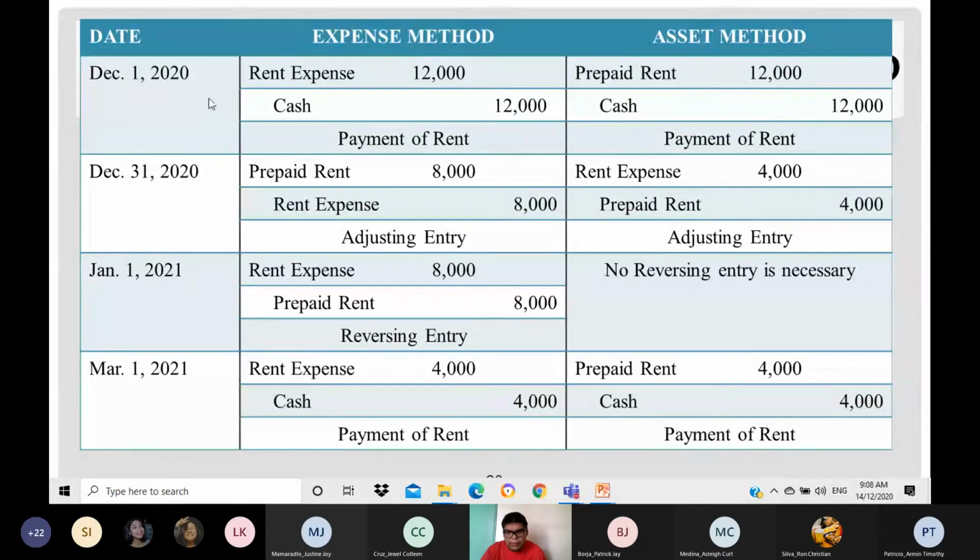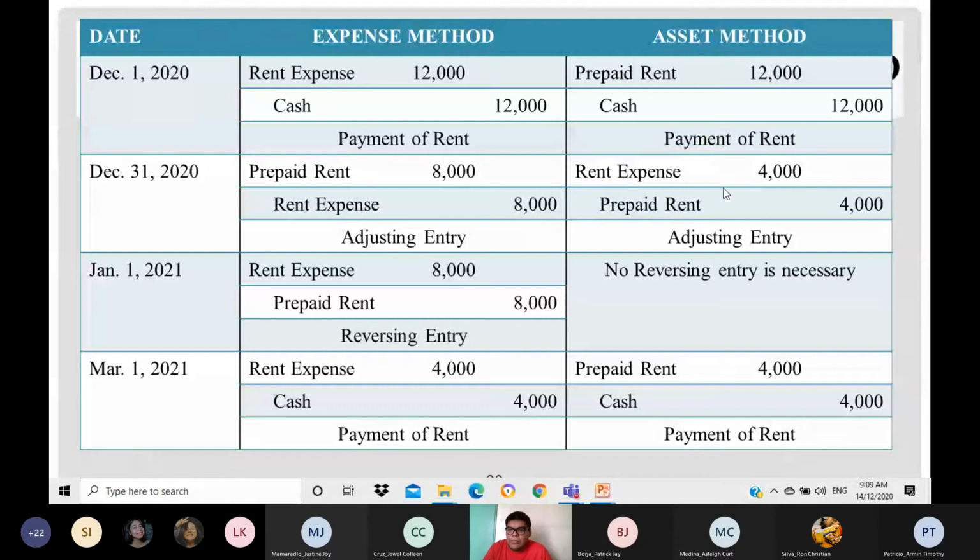Now for the asset method, it's still the same. In the first scenario, you paid 3 months rent, 12,000 debit to prepaid rent, and then credit cash, 12,000. So you still paid the rent. But what happens here on December 31 is that you make it rent expense. It's like it was brought forward. This is already its reversing entry, which is 4,000. The payment that was supposed to be for January 1 is put on December 31.